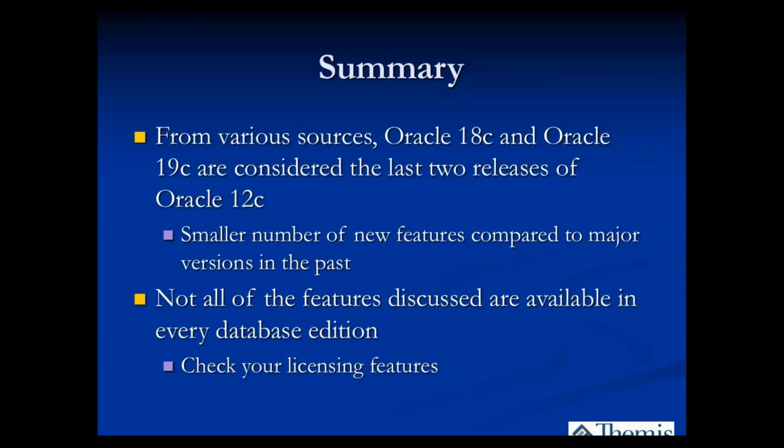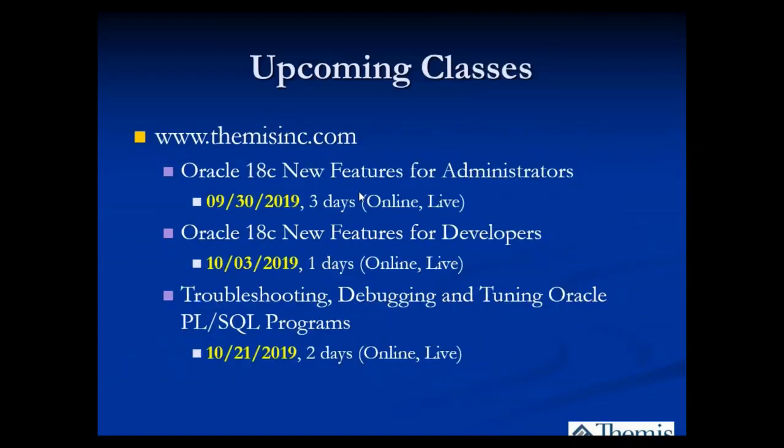Remember, some of these features might be listed as 12C, and not all of them are necessarily available for every edition, like Enterprise Edition, Standard Edition, Express Edition. But most people are running in production either Enterprise Edition or Standard Edition, so I think there's a lot of good features there. They're just coming at us really fast, and now we have to make decisions a little bit quicker.